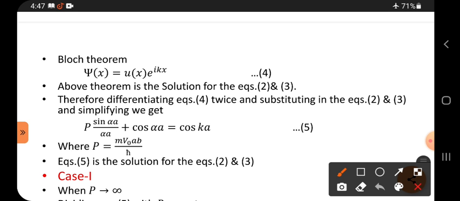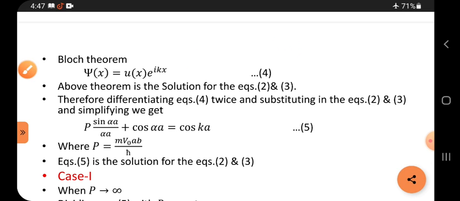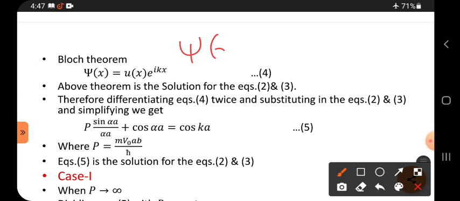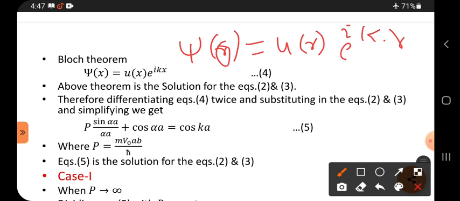Now ψ(x) = u(x) e^(ikx). It is not the general formula. The general formula is ψ(r) = u(r) e^(ik·r), where r is a position vector, in terms of xi + yj + zk.